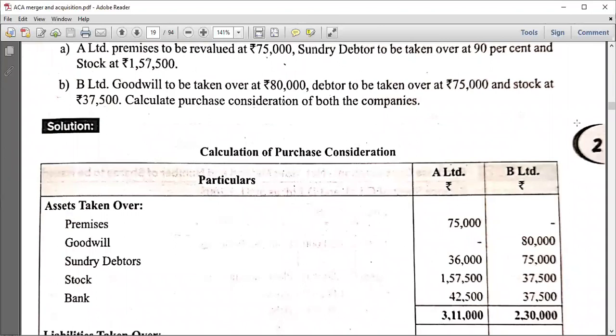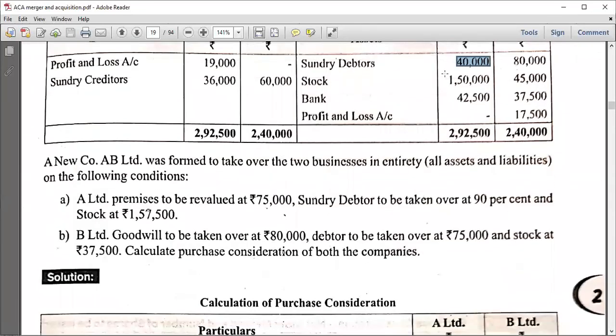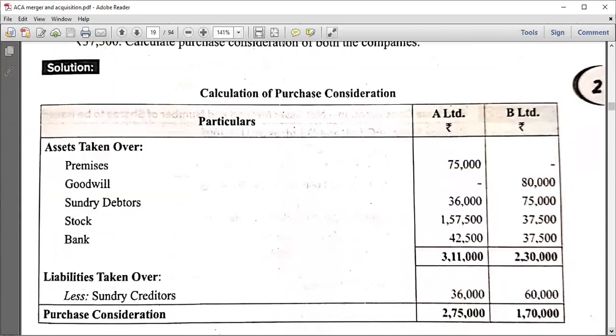And A Limited, look at A Limited. Stock was, I think, 1,50,000. Now they will be taking over at 1,57,500. And bank, they have not given any adjustment, so you have to take the same 42,500.